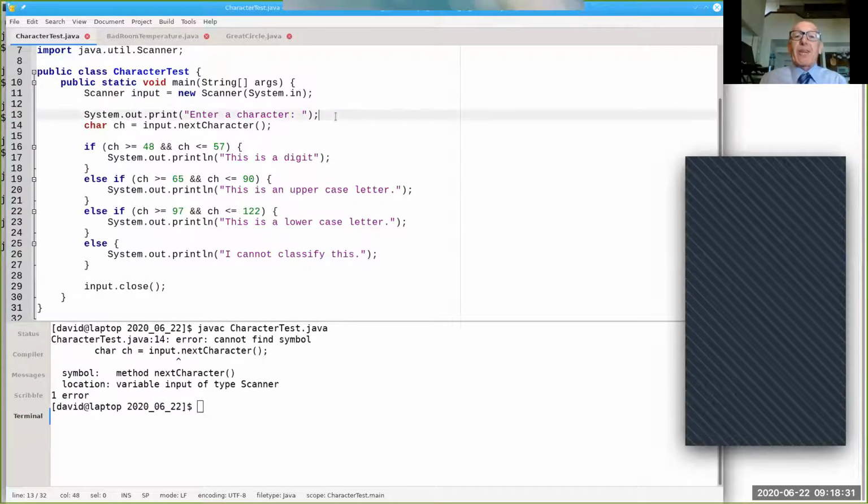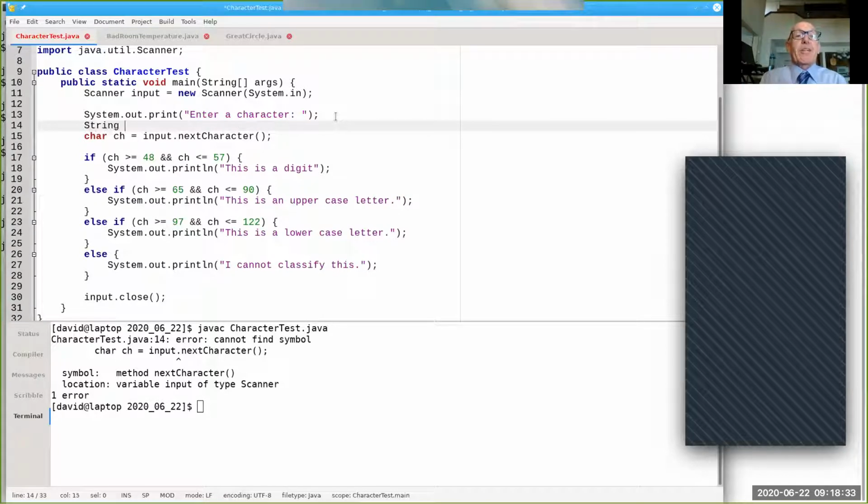So here's what you're going to have to do. You're going to have to say String s equals input.nextLine. s is a terrible name. Let's call it inputString. And then you're going to say inputString.charAt and give the position that it's at.